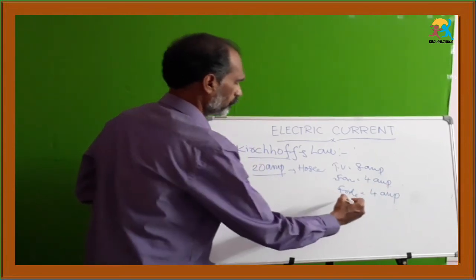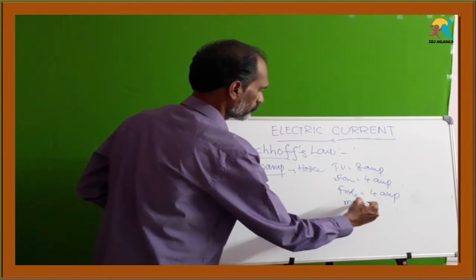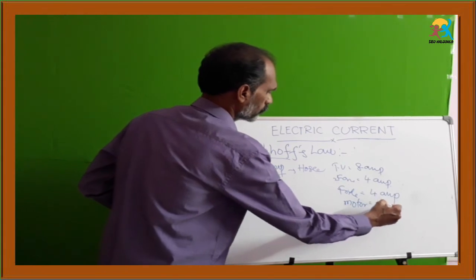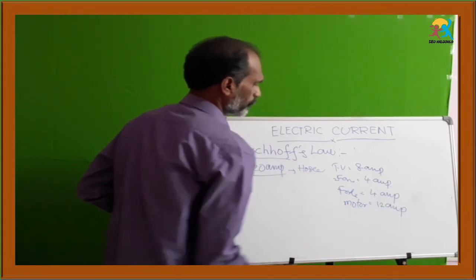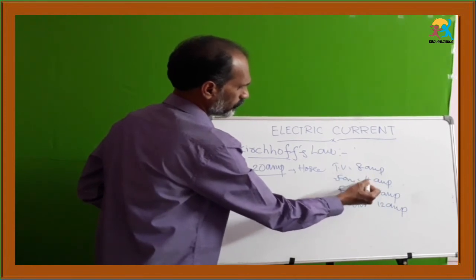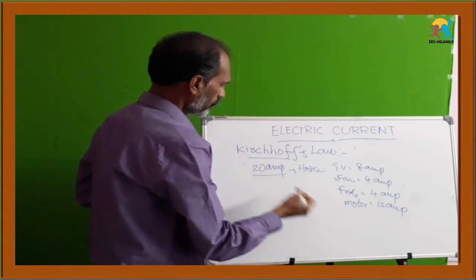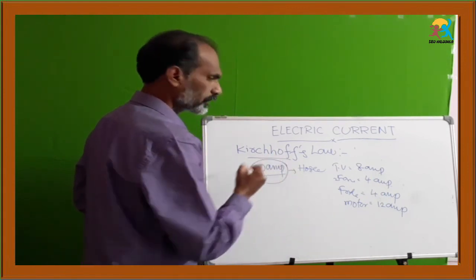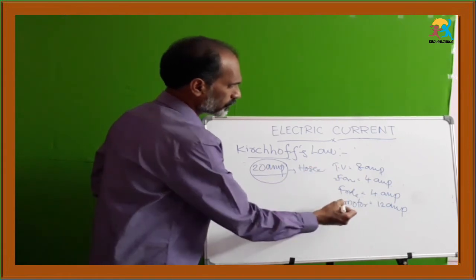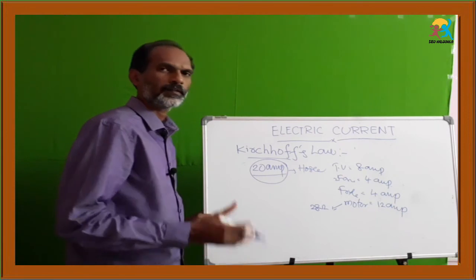And then the electric motor will be 12 amperes. So now what is the sum? 8 plus 4 is 12, 12 plus 12 is 24, 24 plus 4 is 28. Actually 20 amps of electric current is supplied to the household, but it is consuming 28 amperes. This we call overload.